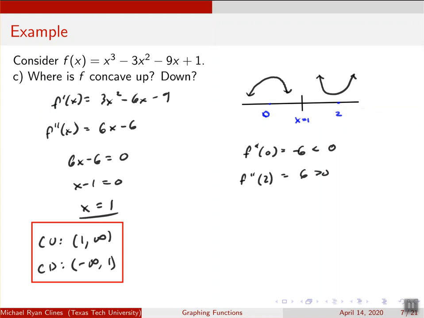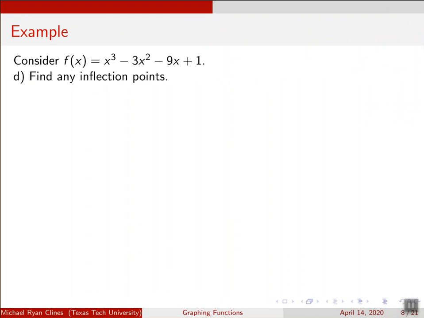All right. Now we want to use this information to find any inflection points. And real quick, let's go ahead and draw that table we just had. So this is x is equal to 1. And we know it is concave down here, concave up here. So recall, what does it mean to be an inflection point?